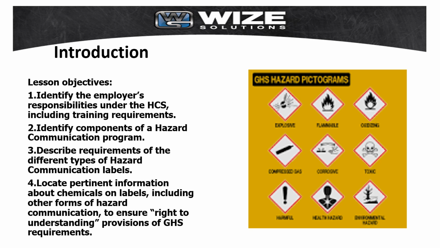Identify components of a hazard communication program. Describe requirements of the different types of hazard communication labels. Locate pertinent information about chemicals on labels, including other forms of hazard communication, to ensure right to understand provisions of Globally Harmonized System requirements.